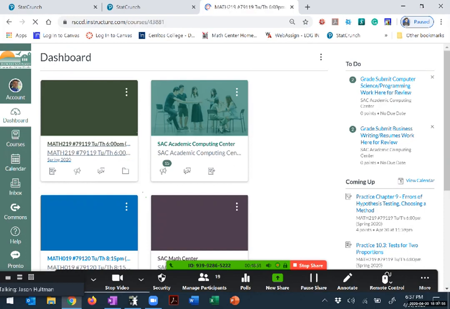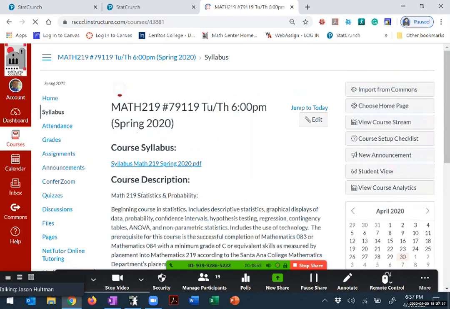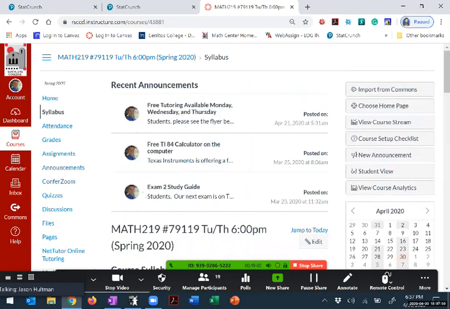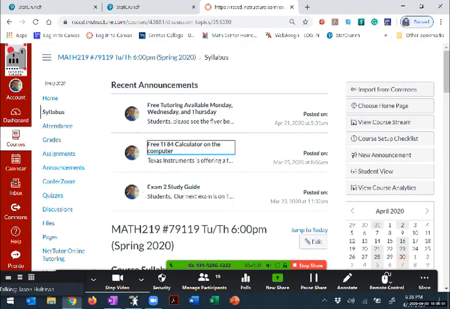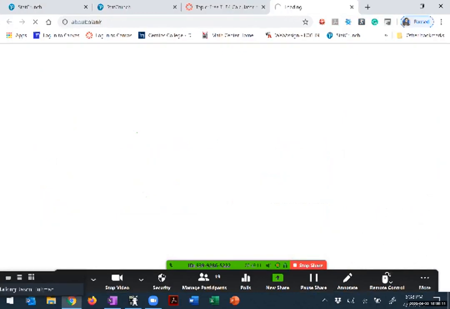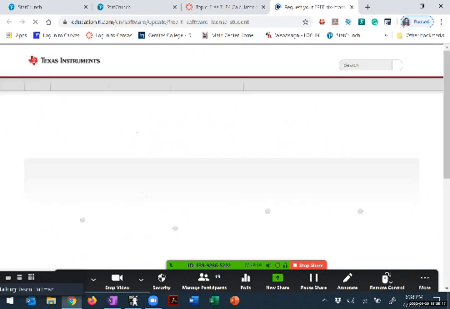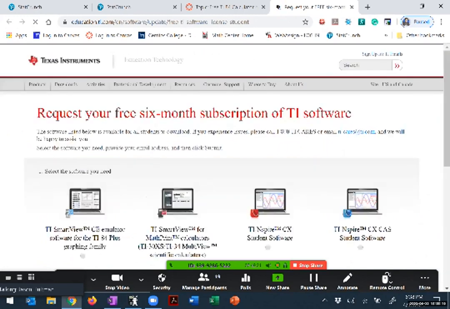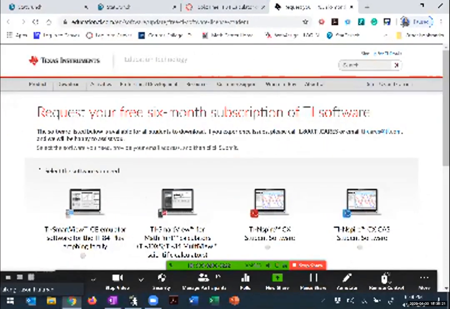I posted it as an announcement, free TI calculator on the computer. You just go to TI Calc, and this will give you 6 months free license for their calculator software.